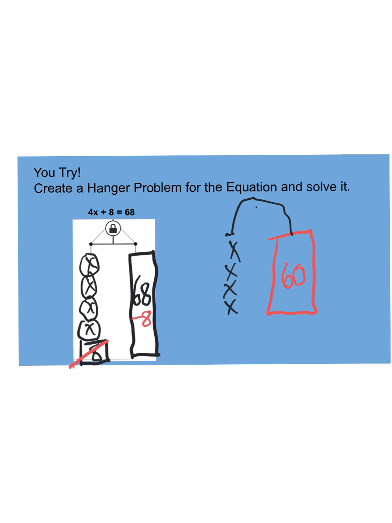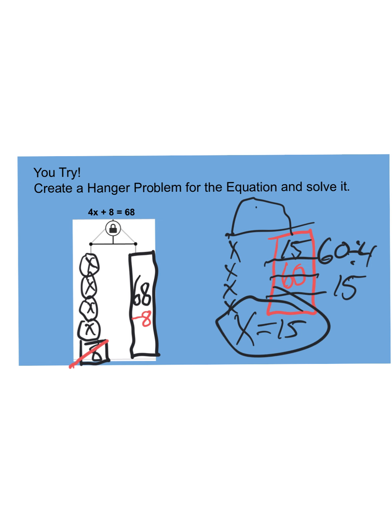So this still has 4 x's. All right, well, I could divide 60 into 4 equal things. So 60 divided by 4, and each section of that would be worth 15. 60 divided by 4 is 15. So if I solve it, I get x equals 15.